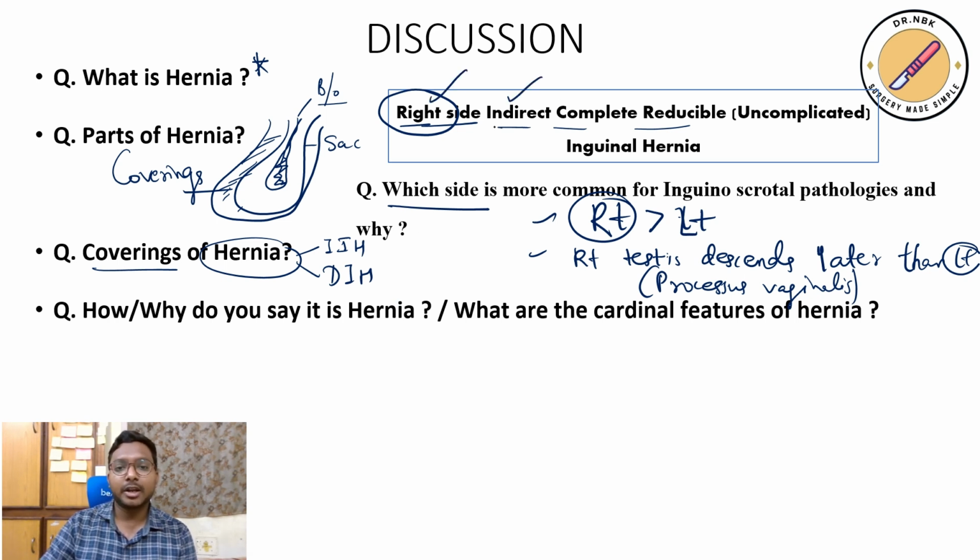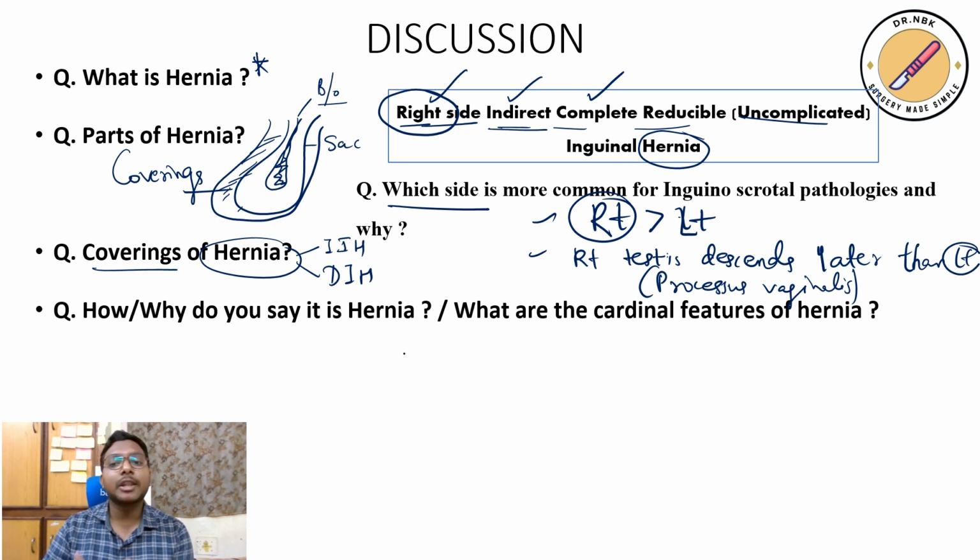Now coming to indirect and direct, we will see what are the differences between direct and indirect hernia in the subsequent slide. Okay, what is complete hernia? Just now we have seen in the classification. And now coming to reducible and irreducible, I'll come to the complications here. So you have told it is an inguinal hernia. So the question will be how or why do you say it is hernia?